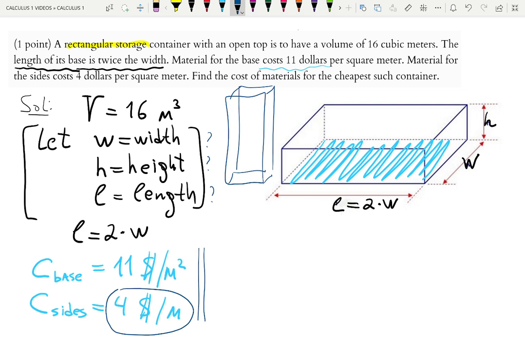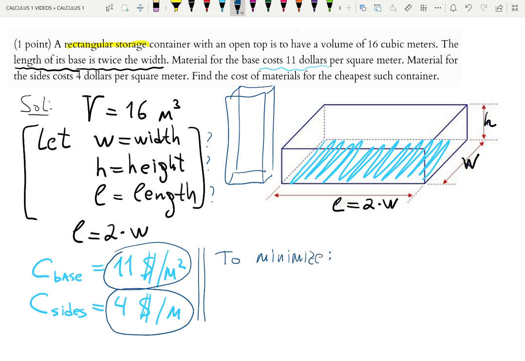Probably we need to shrink the base, but not too much, or else it's going to be a weird looking box, super tall with barely any base. So it should be some kind of optimal solution. The most important thing to understand is what our objective function is, which means what do we need to minimize or maximize? So let's write down to minimize.